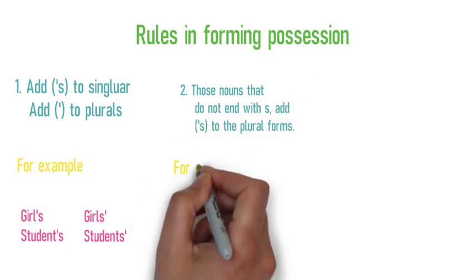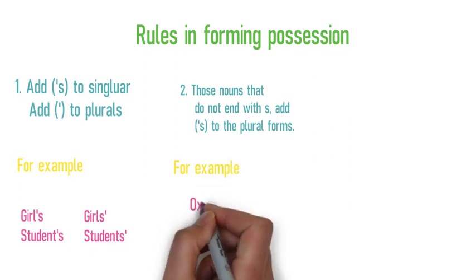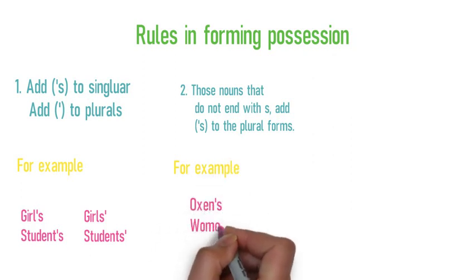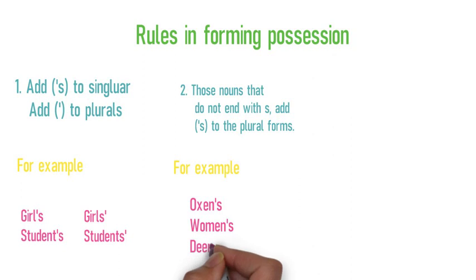For example, oxen, women, deer. All these are plurals but do not end with s. So to make it possessive case, we can add apostrophe s at the end of these words.